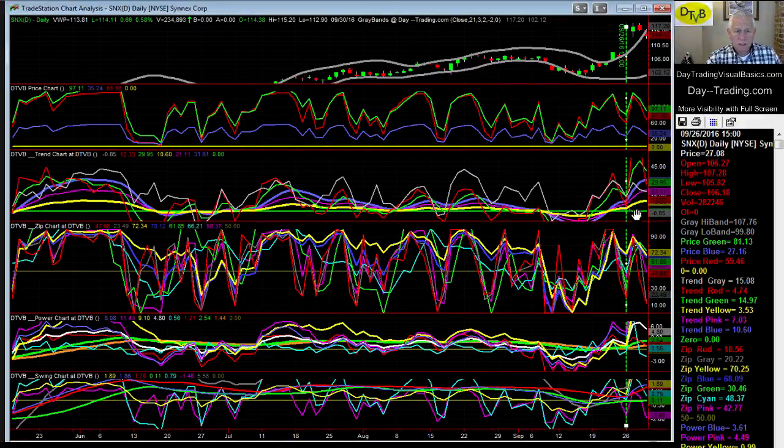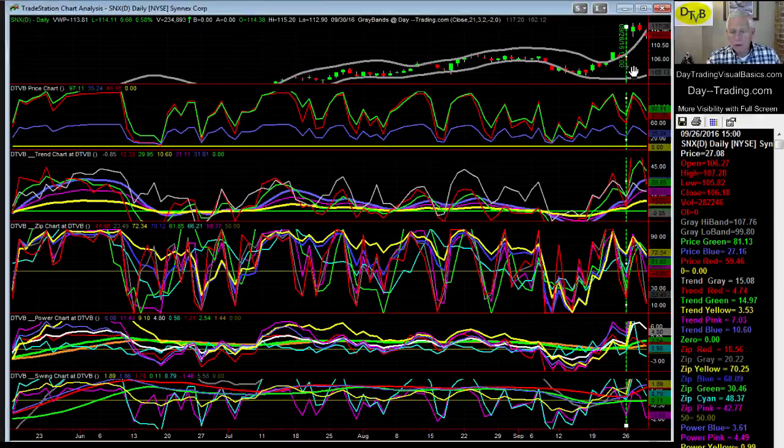But obviously we have 3 low angles down in the price, 4 in the zip, and 4 in the power, and 1 in the swing. So we have a total of 12 low angle down indicators. This technically qualifies as a one pattern gap up.